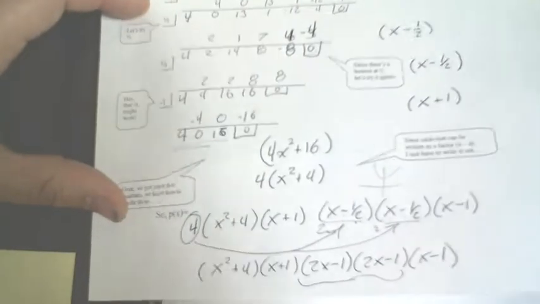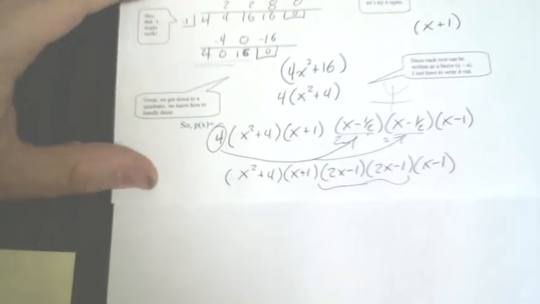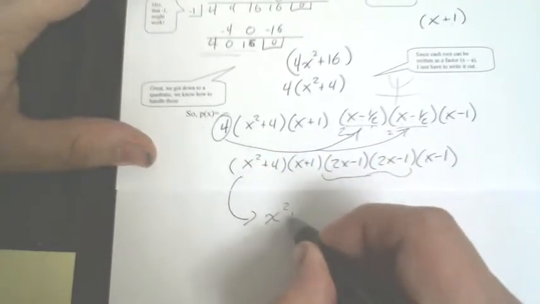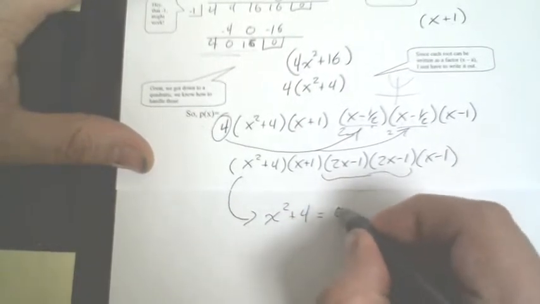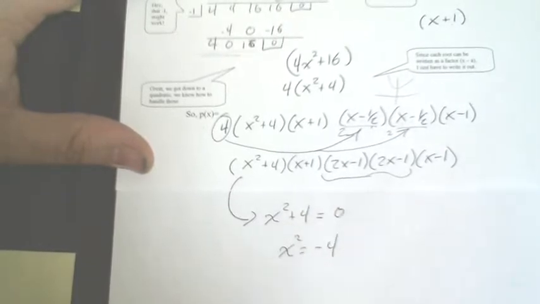Now, that breaks us down to irreducible factors. So if your question says irreducible factors, then you're done. But we can break down this x squared plus 4 more. We can find its solution set equal to 0 if we are okay with dealing with complex numbers.